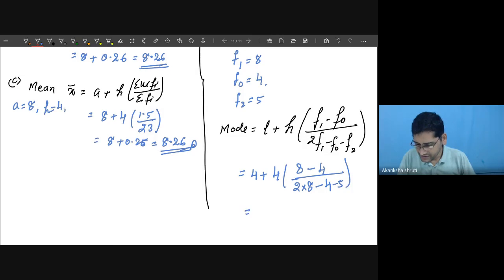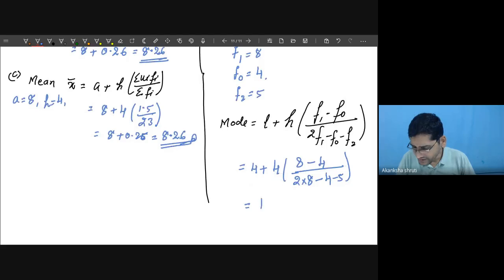So we have to just do this simplification. By this we can get the answer. 4 into 4 divided by 16 minus 9. So it becomes 7. Be careful in doing this.